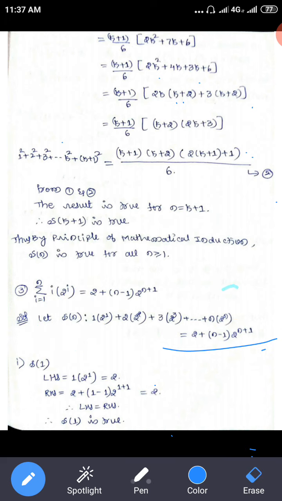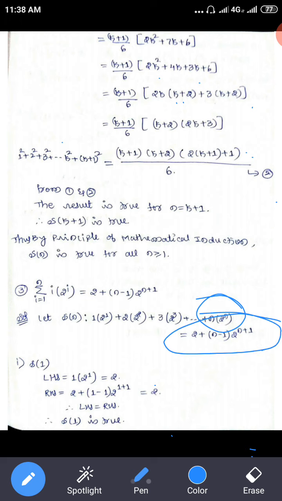Okay. So next, therefore S of 1 we will check. Take LHS. So LHS means only for this. Here n is equal to 1 we have to take. So n equal to 1 in the sense 1 into 2 raised to 1, that is equal to 2, and you take RHS.